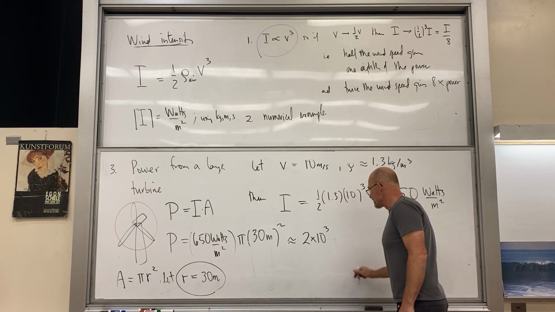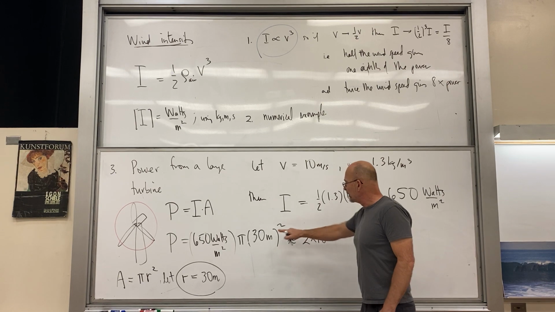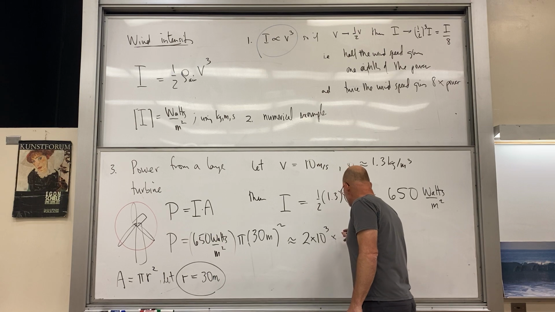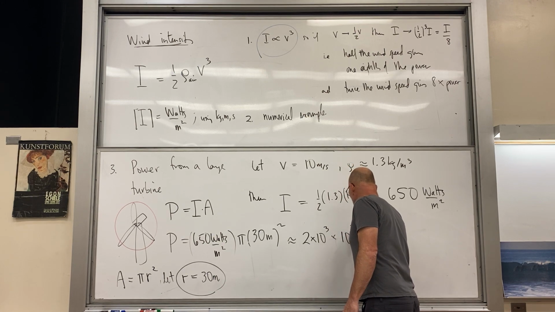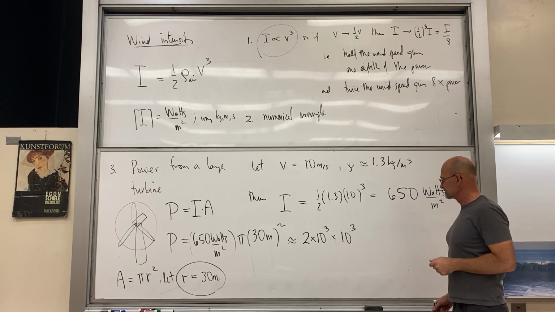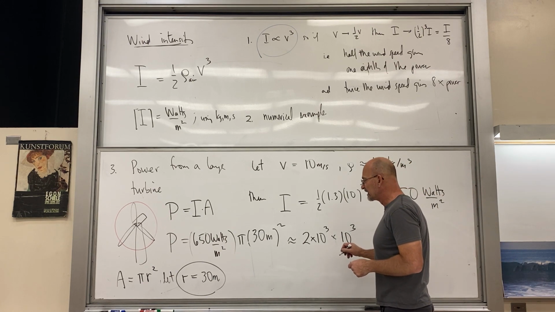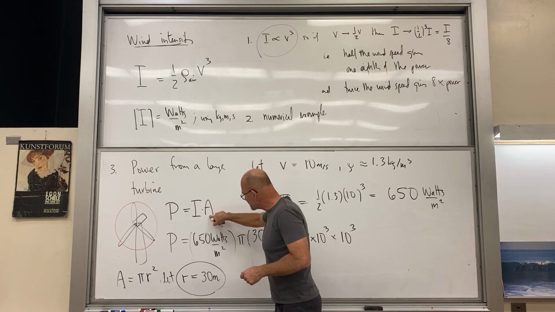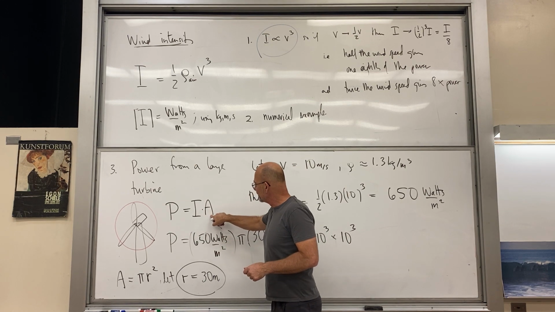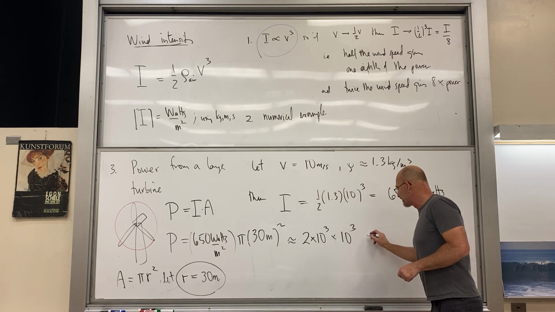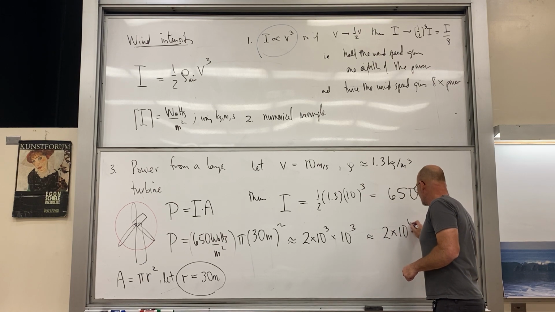So we're doing approximation, so 30 squared is 900. So that's going to be about 1,000 as well, times 10 to the third. And that's going to be watts, okay, because we multiplied watts per meter squared times meter squared. Intensity times area. And good, so that is approximately 2 times 10 to the 6 watts.